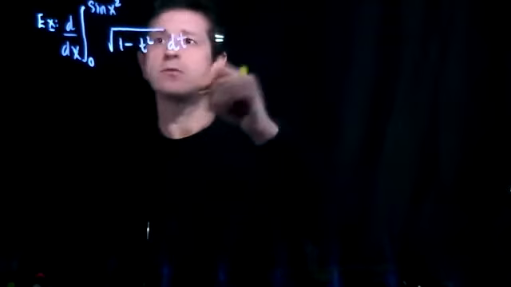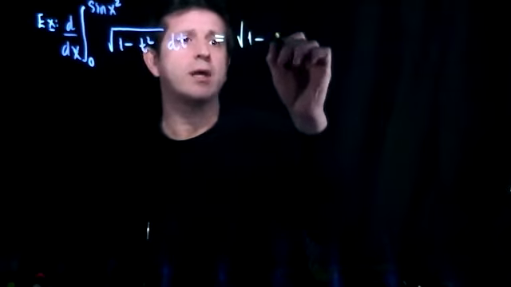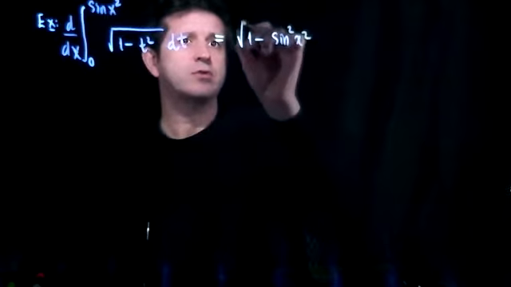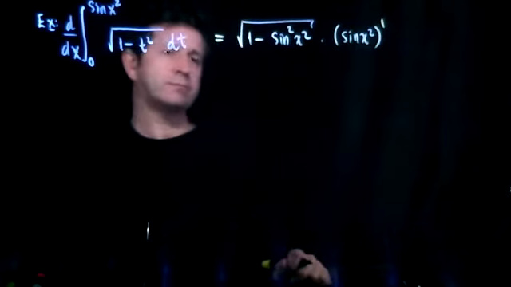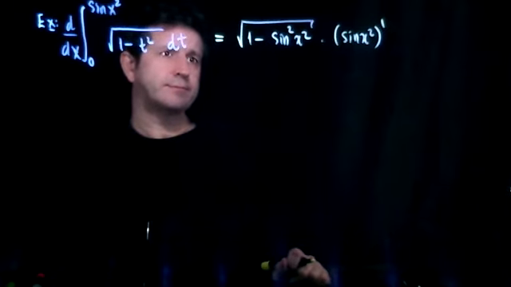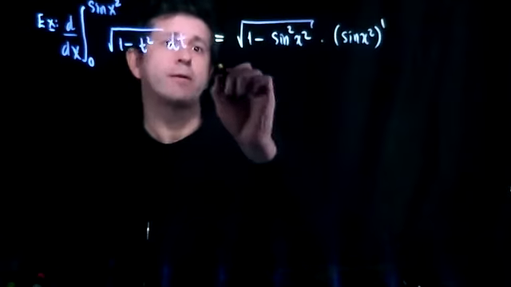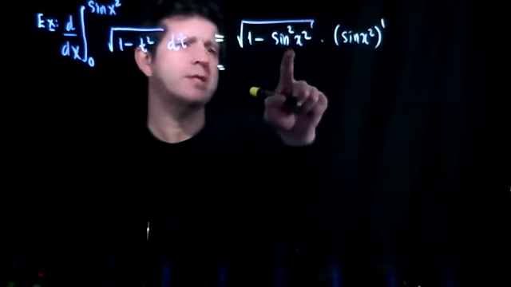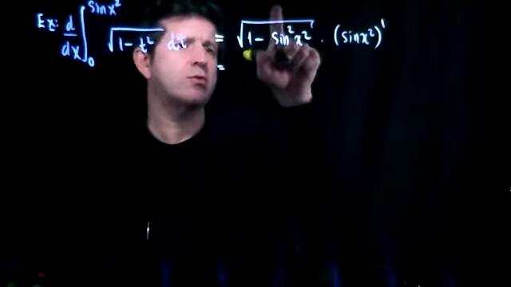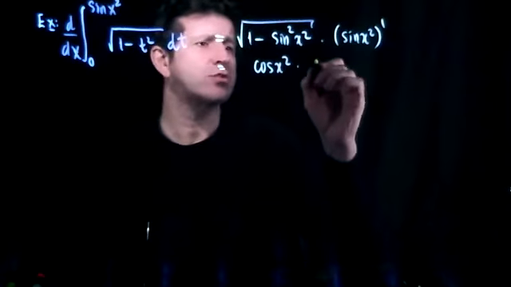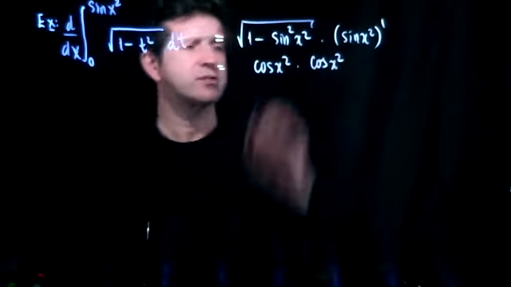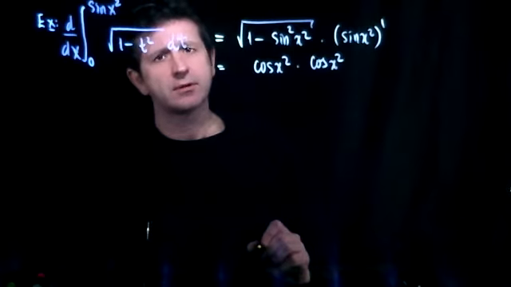So I'm going to plug in the function inside of the t. So this will be the square root of 1 minus sine squared of x squared, times the derivative of this. Which is, 1 minus sine squared is cos squared, square root is cos. So this is cos of x squared. The derivative of sine of x squared is cos of x squared. Is that good?